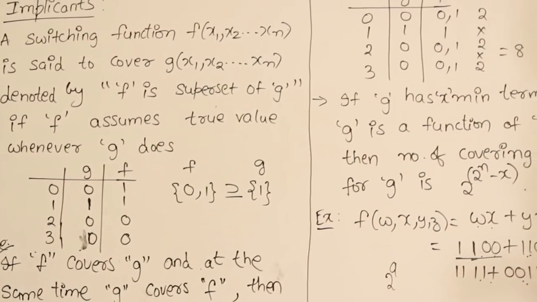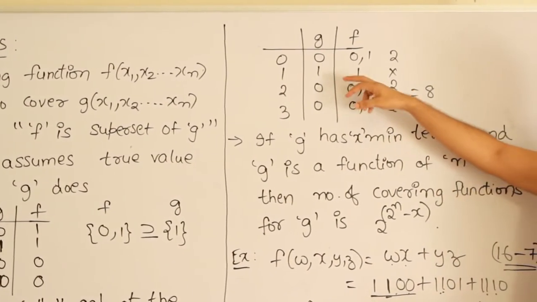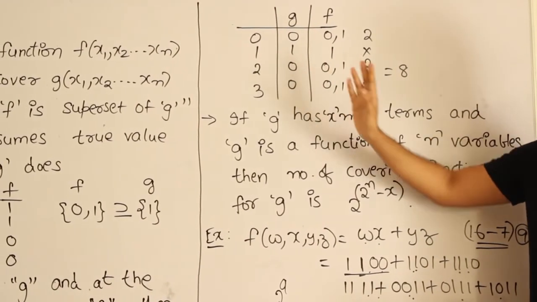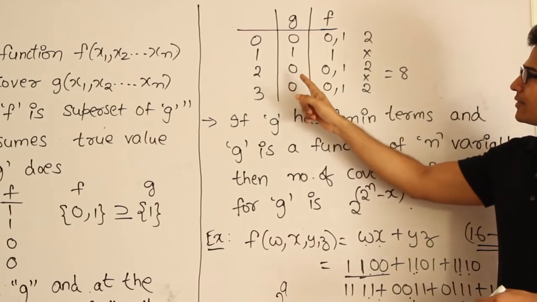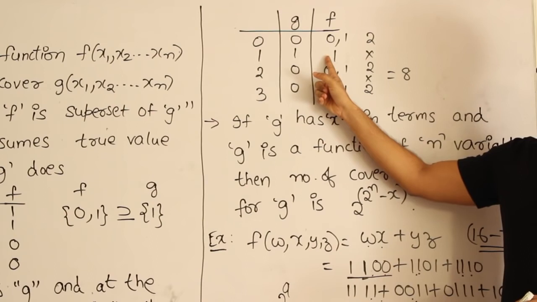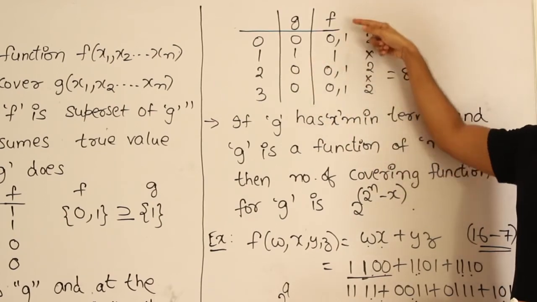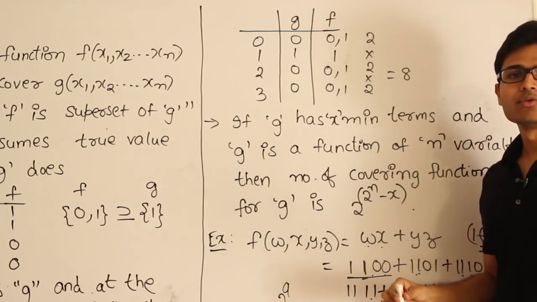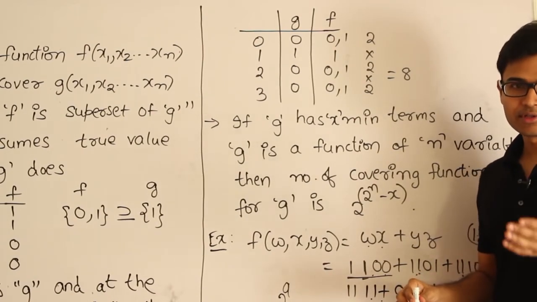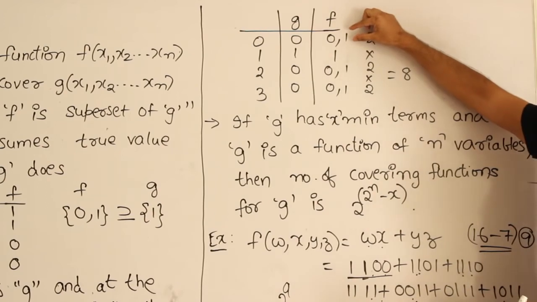Now let us say g is this. How many functions are possible which will cover g? To cover g, wherever g has 1, we have to have 1. Therefore I have kept 1 here, and all the others are optional. In the other places, you could put either 0 or 1. So in all the other possibilities, we have two choices, 2 into 2 into 2.